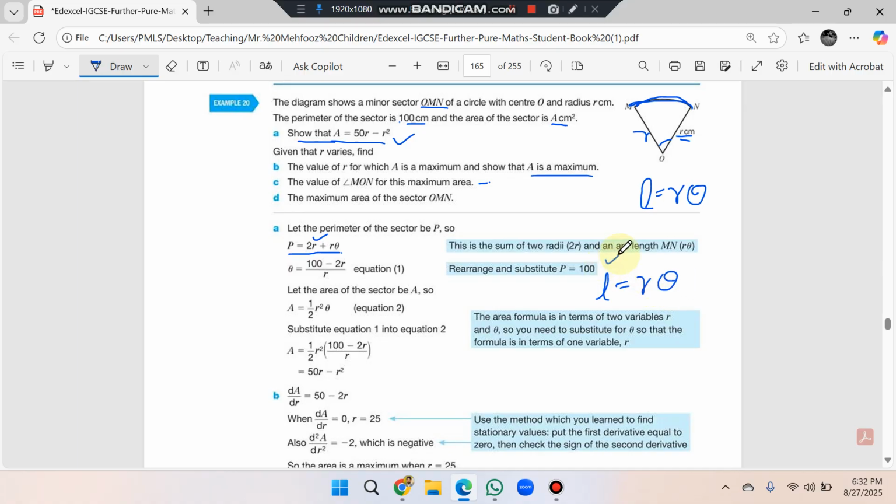L is the arc length, this one MN, r is the radius, and theta is the angle between the two radii. So this is the formula for the arc length, and now we are finding the perimeter. So perimeter is equal to r plus L plus r, and L is r theta. Understand?